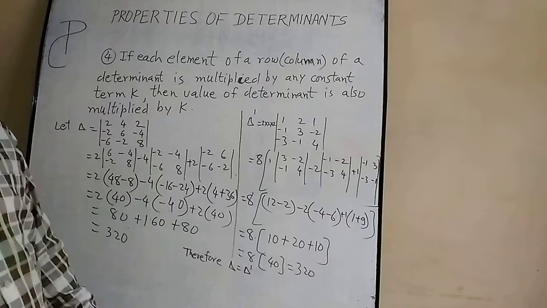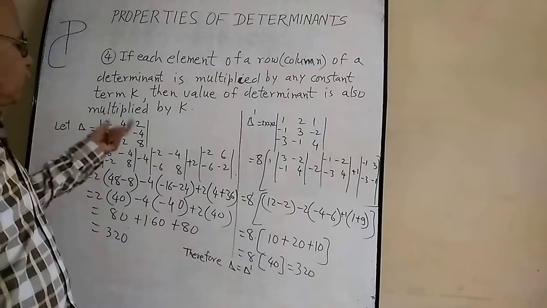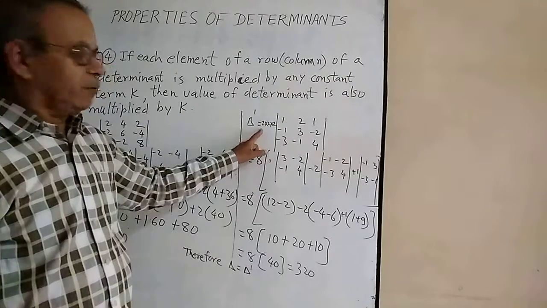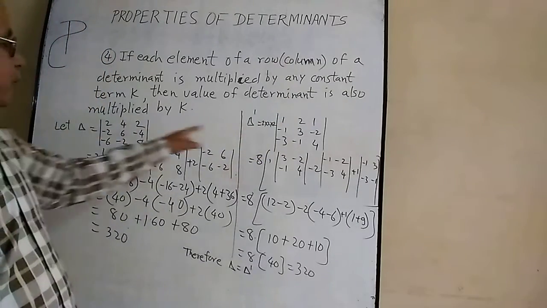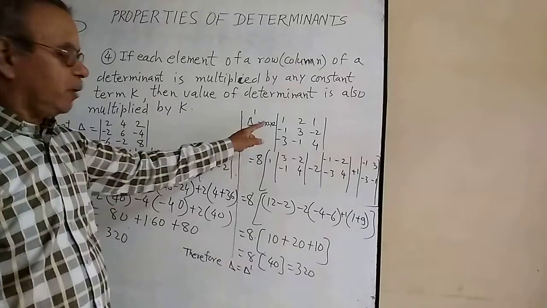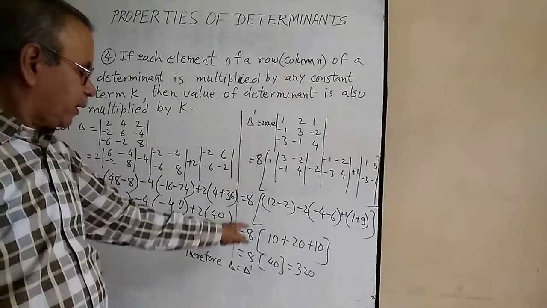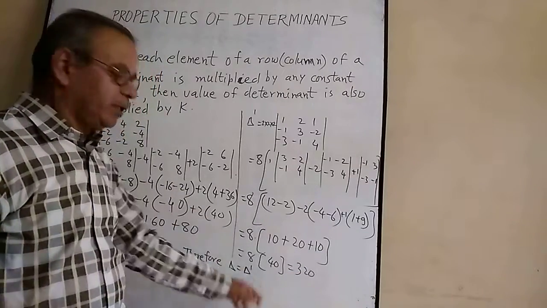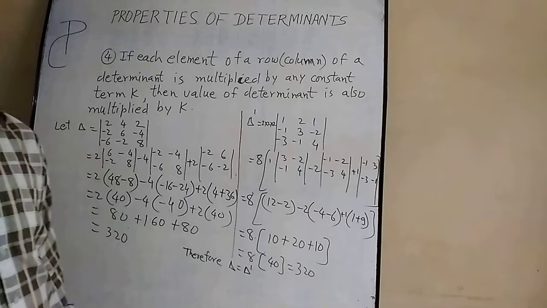I already told you that in the first row, second row, and third row, 2 is common. So from the first row I have taken out 2, from the second row I have taken this 2, and from the third row I have taken this 2. So 2 into 2 into 2 is equal to 8, and 8 multiplied with 40 is 320. So delta is equal to delta dash.